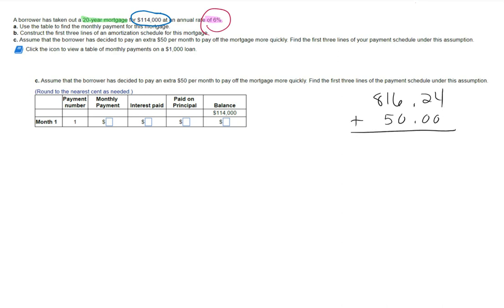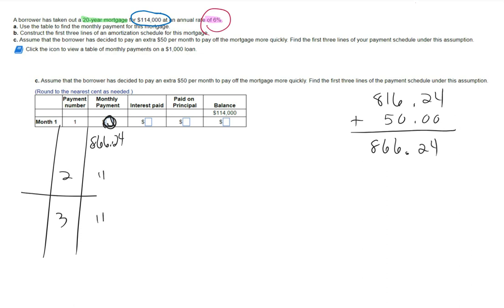So now their monthly payment each time will be $866.24. So that first monthly payment that goes right here is the $866.24. And then it will be that again here and here for the second and the third also.